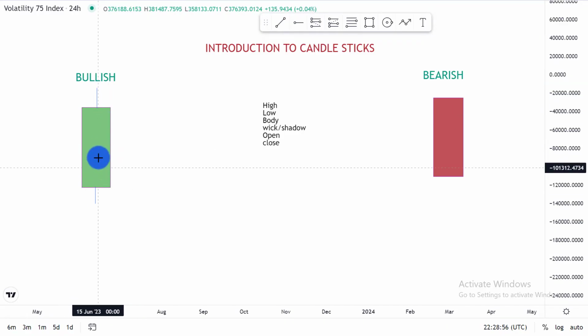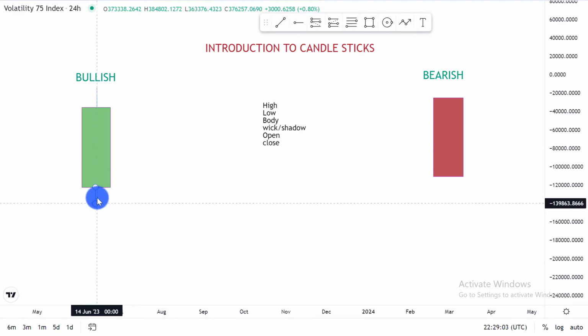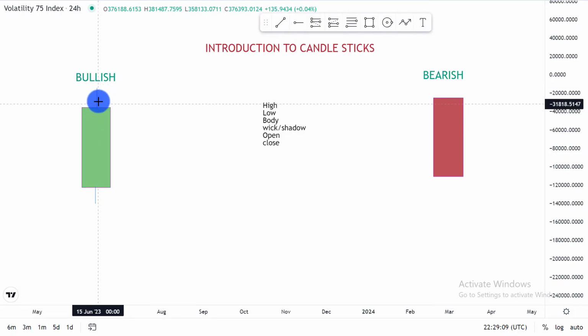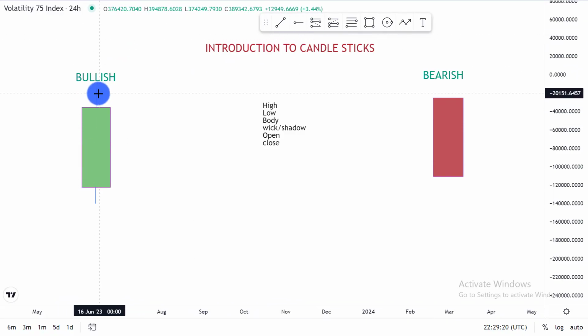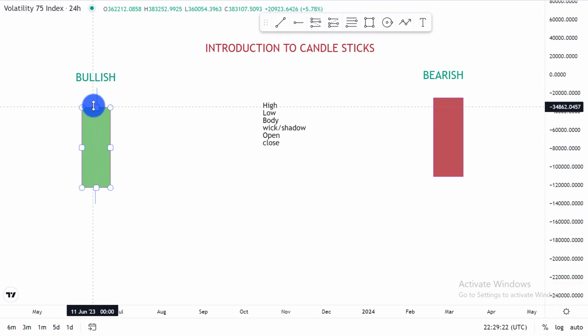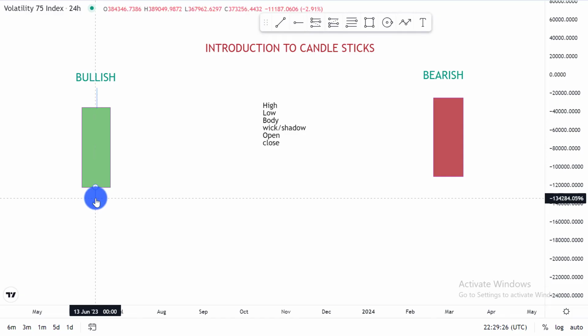What this means is that we have a candle that has a low, the lowest price this candle has traded to, and a high, the highest price this candle has traded to, even though it closed below the high it has traded to. This is called a wick or shadow. So this wick that you see here, this line here, it's called a wick or shadow. This one too is called a wick or shadow.